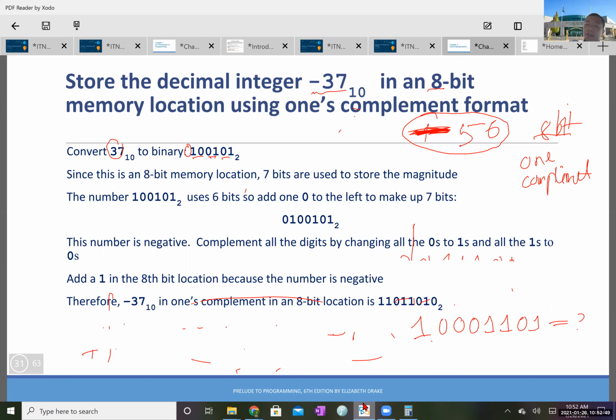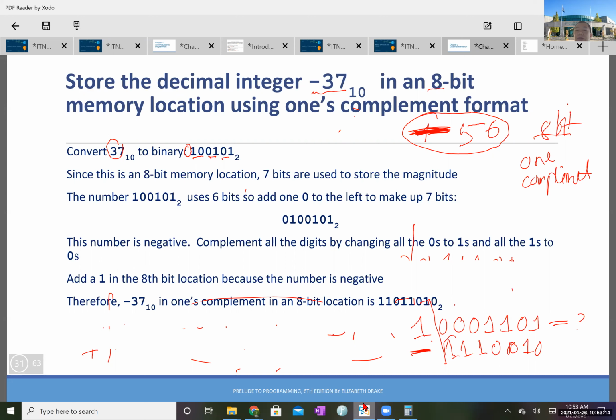No, no. You have to do it in the reverse way, right? So break it down. The number starts with 1, so you know it is negative, right? When you know it is negative and you use the one's complement format, you have to reverse it first. So the 0s here you have to reverse to 1s, and you get 1, 1, 0, 0, 1, 0 here, right?